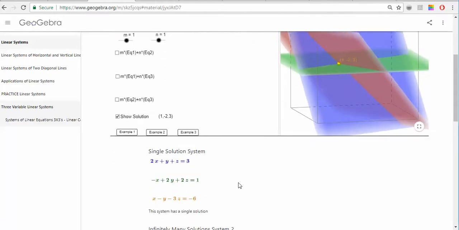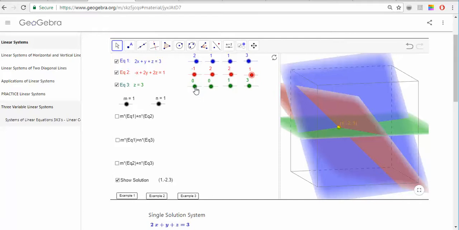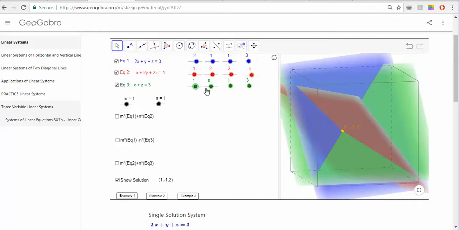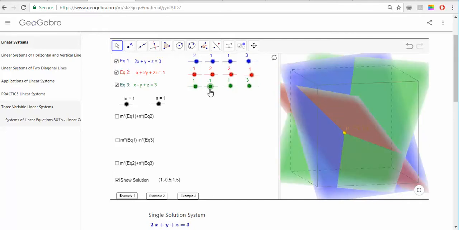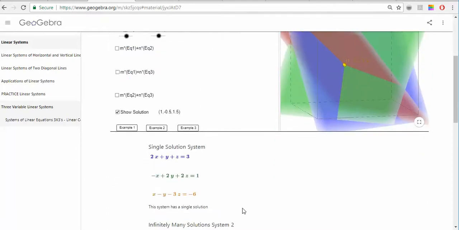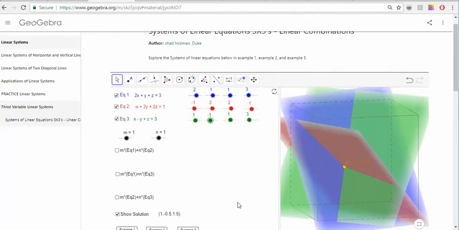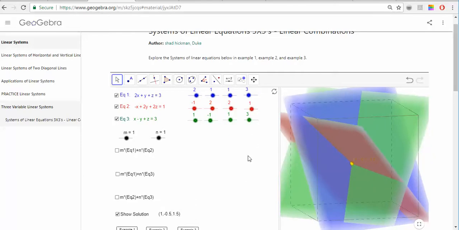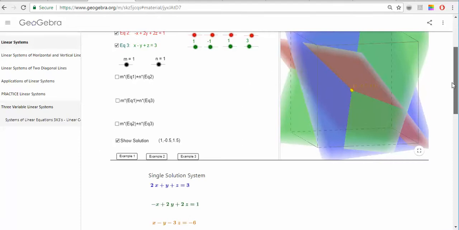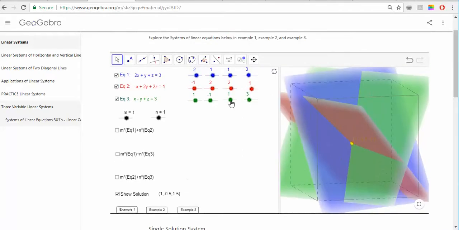1, -1, -3, -6. 1, -1, what was the other numbers? -3, -6.